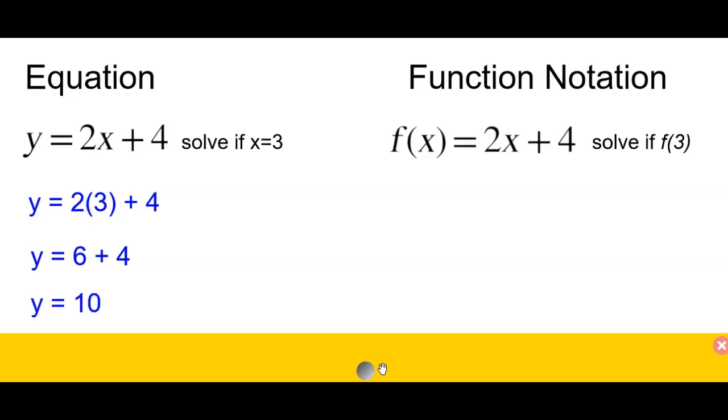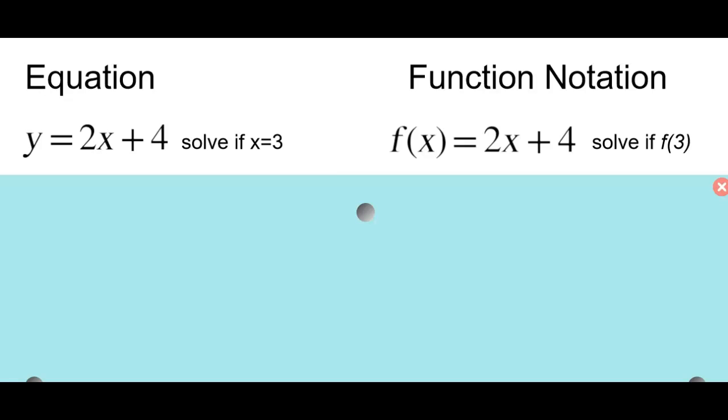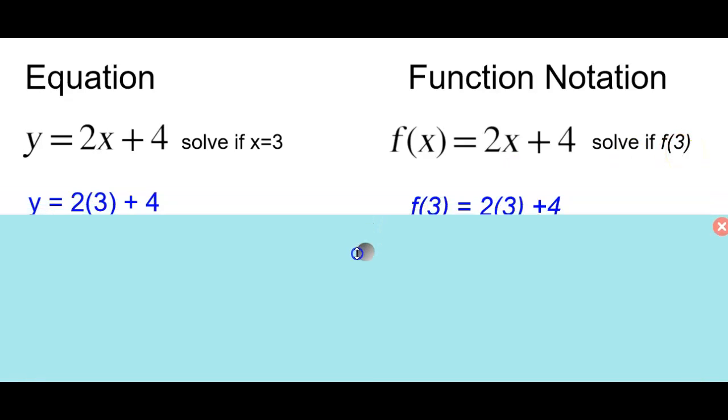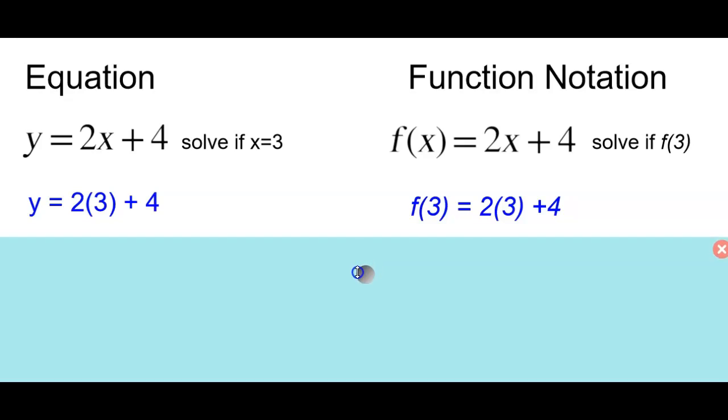Fantastic. All right, now let's look at the other one, function notation. Function notation reads like this, f of x equals 2x plus 4. And I want you to solve this for f of 3. Okay, so all I'm going to do is put my 3 where my x is.